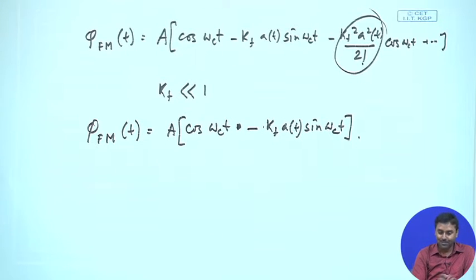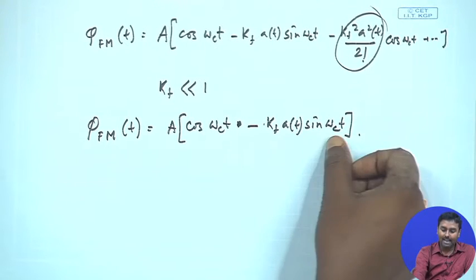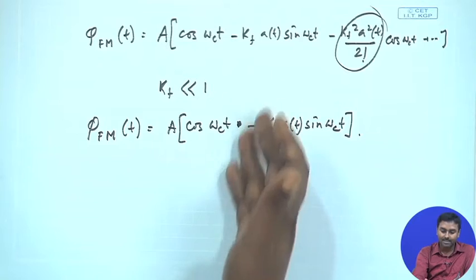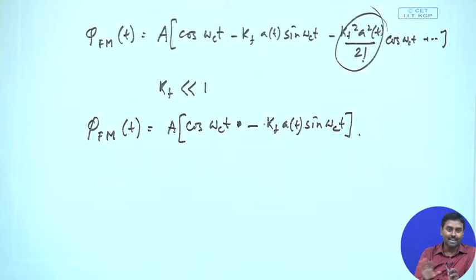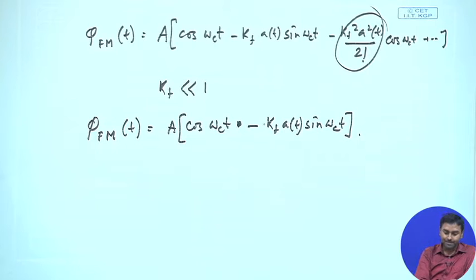Though we are calling it FM, the functionality almost looks like AM. So we have a carrier term over here, and then we have just a(t) multiplied by sin omega c t. For AM it was cos omega c t and there was a plus sign, just that difference, otherwise it looks like AM.